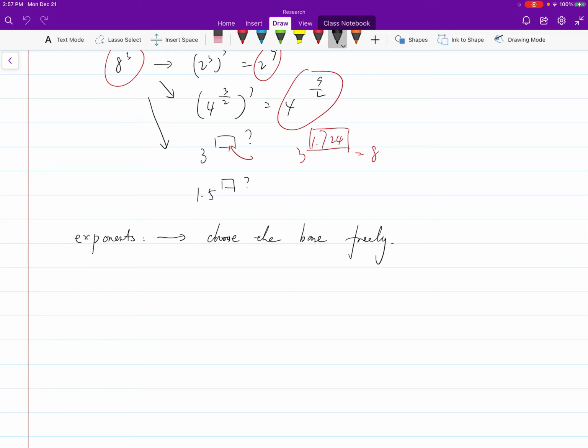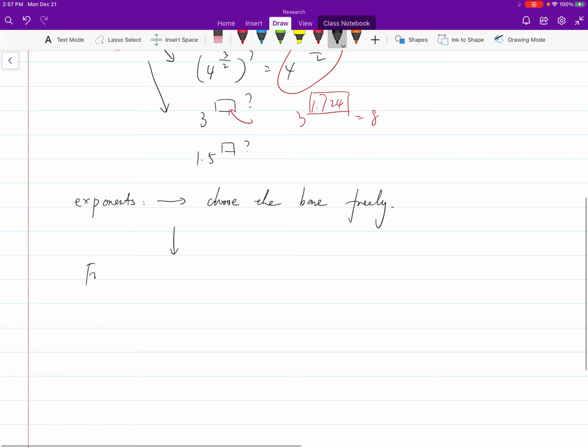Second, for different exponential functions, different exponents, we really wish they all share the same base. So how about for any exponential, we all put them on the same benchmark by choosing the same base.